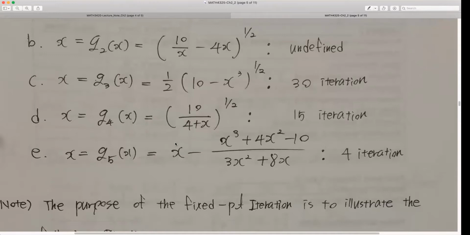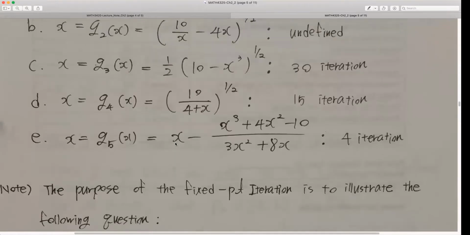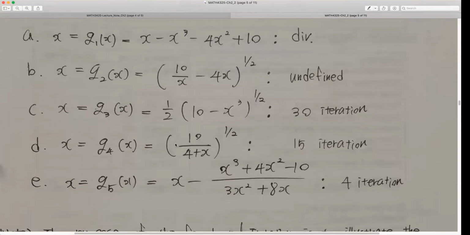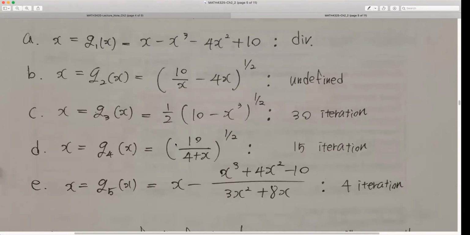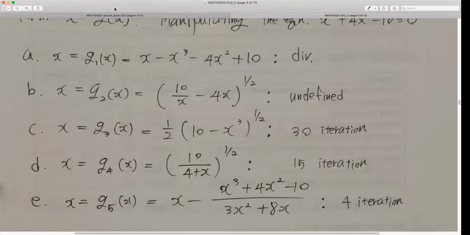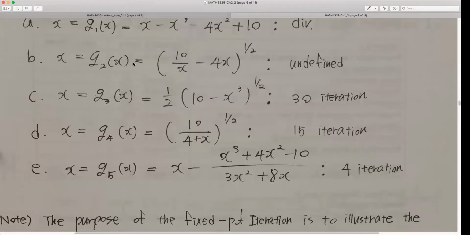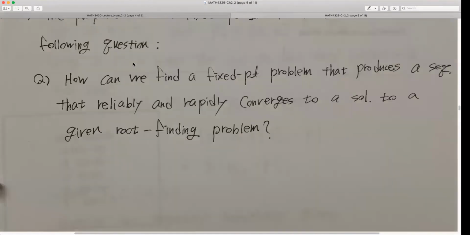I don't think that's the efficient way, right? So we need to figure out the way to define the function g of x so that we get the best performance. So that's the question, right?